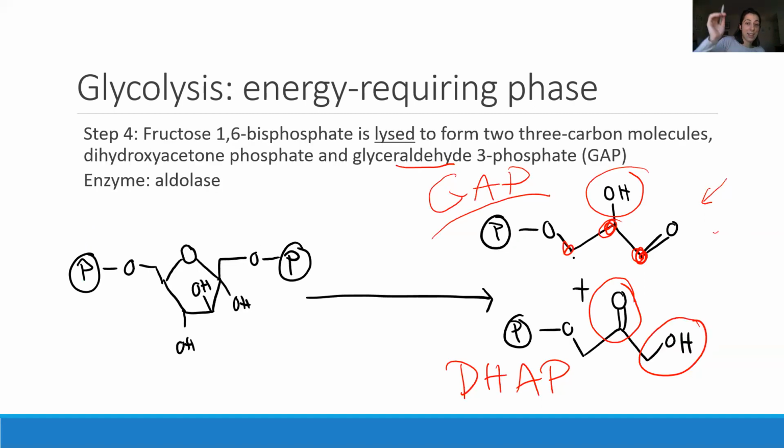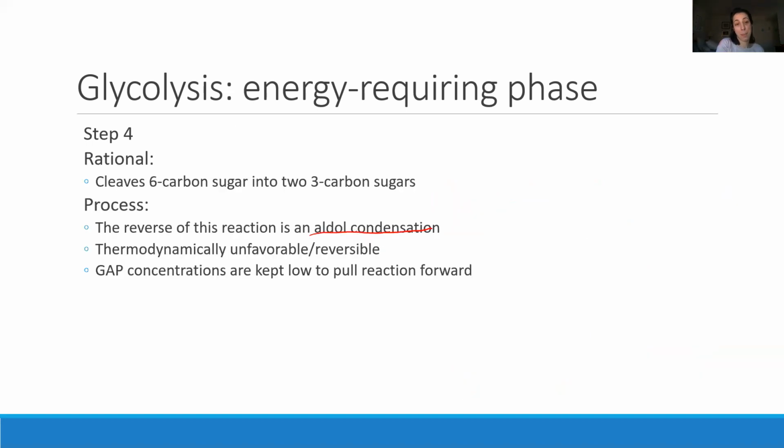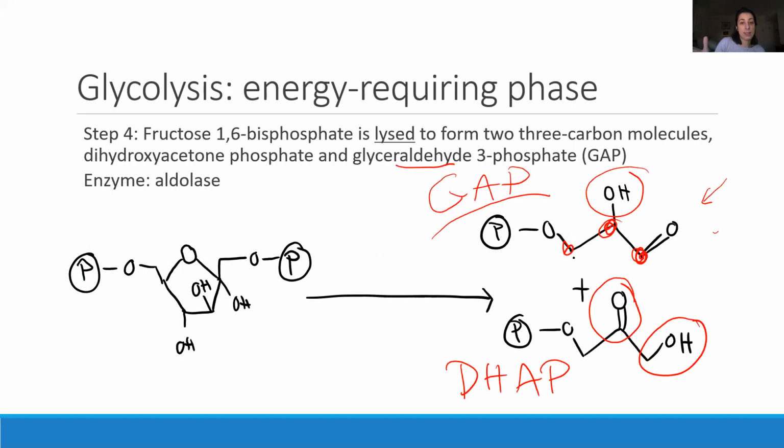So taking an aldehyde and a ketone like this and condensing them into a ring, the reverse, is called an aldol condensation reaction. The reaction itself is unfavorable and reversible. So this can go back and forth between making a ring and the two three-membered sugars.